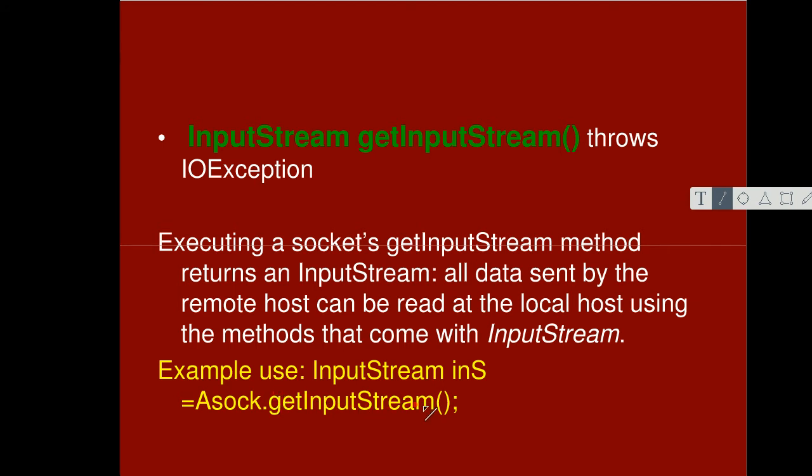It's getInputStream. All right. So an example use of all that is that if you want to identify a stream on which you can communicate after you've created a socket, you just write something like that. Name of the input stream, type InputStream, and it results from using asoc's method called getInputStream.